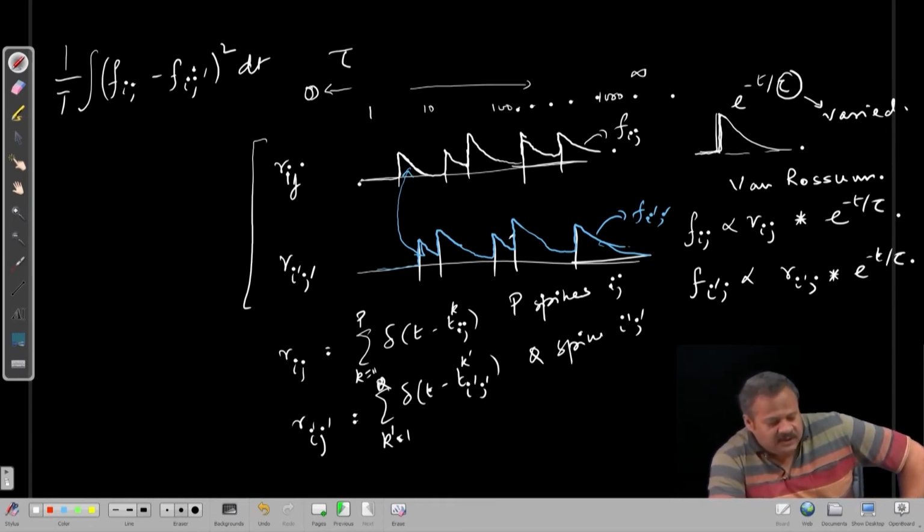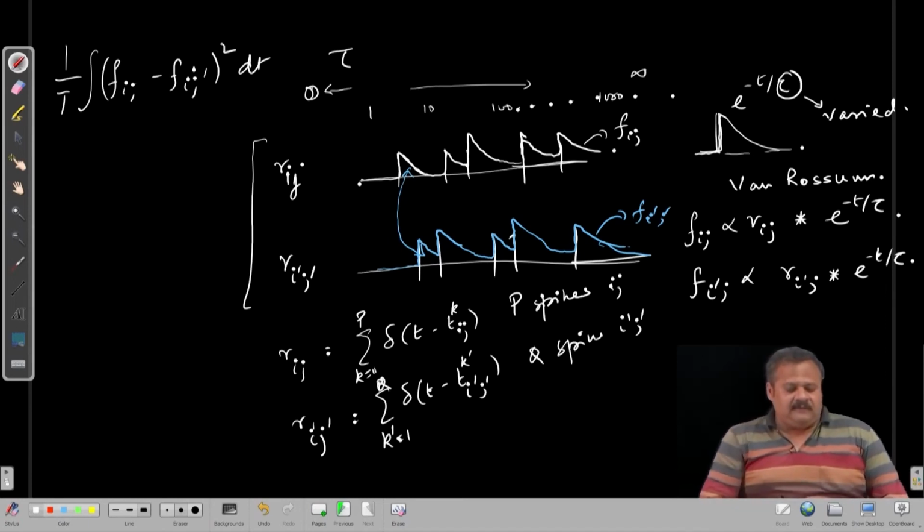Obviously, we will have to discretize it and then do the calculation, but for analytical purposes, for the cases of tau going to 0 and tau going to infinity, we can use this integral form to calculate actual distances.